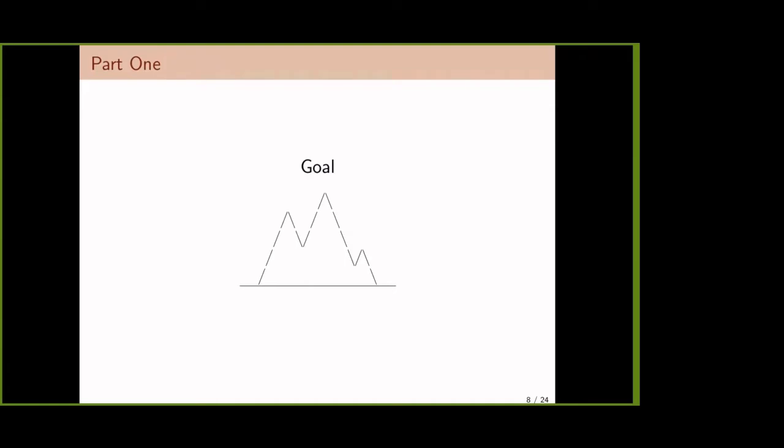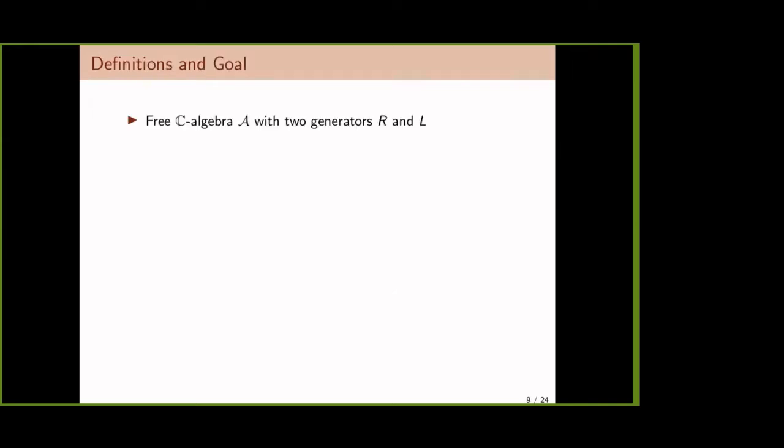So now we can actually start the talk, and I'll talk more about what the goal is. Okay, so what are we doing? We first start with a free C algebra with these 2 generators. And if we're a little bit more precise, we're actually going to define this balanced algebra as a quotient.